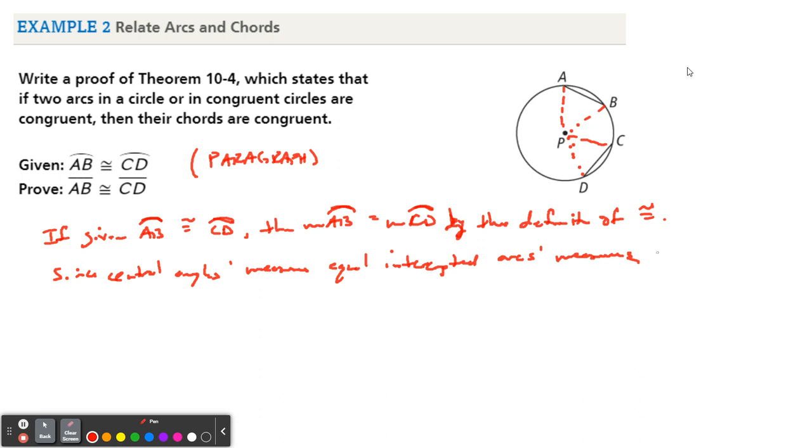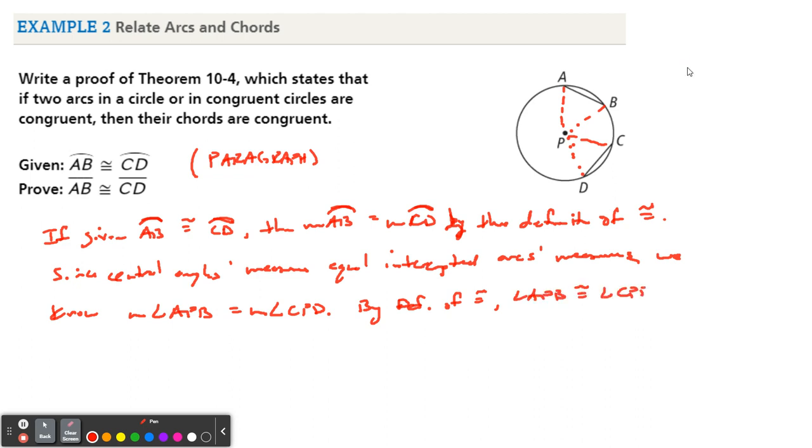So since that's true, we know the measure of angle APB is equal to the measure of angle CPD. By definition of congruence, again, just shorthanding, that means that angle APB is congruent to angle CPD. And that's a pair of angles in our two triangles.